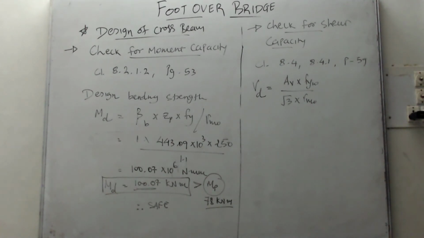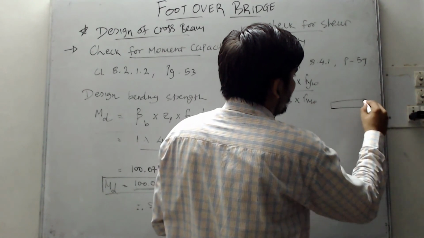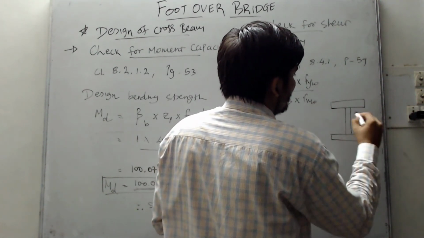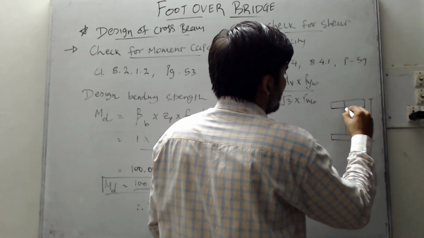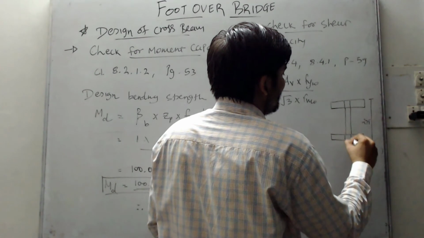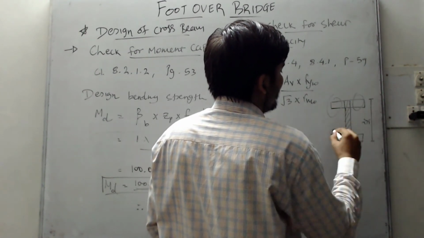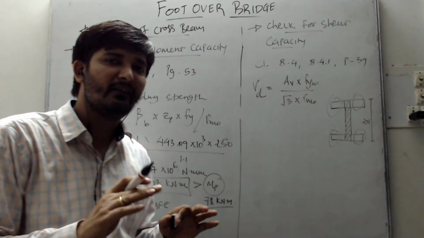So let me draw an I section over here. Suppose this is my I section. This vertical element is mainly going to carry the shear force, right? This part is not going to carry any shear force. So we need to take the effective area of the element which is going to carry the shear force. So AV is the area of that part.